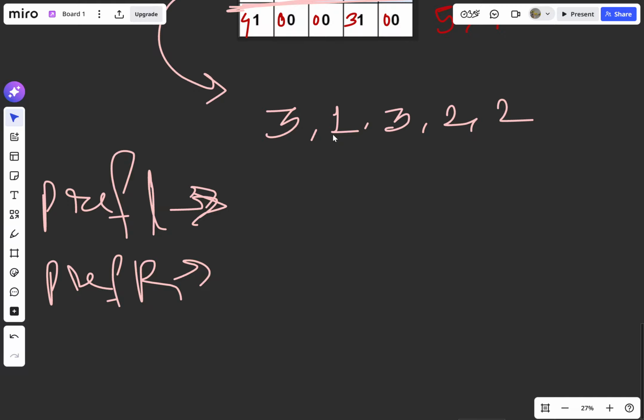For example, the ith index here is storing the height 3, but for prefix left, meaning the indexes to its left, none of them store a height greater than or equal to 3, only this index does.